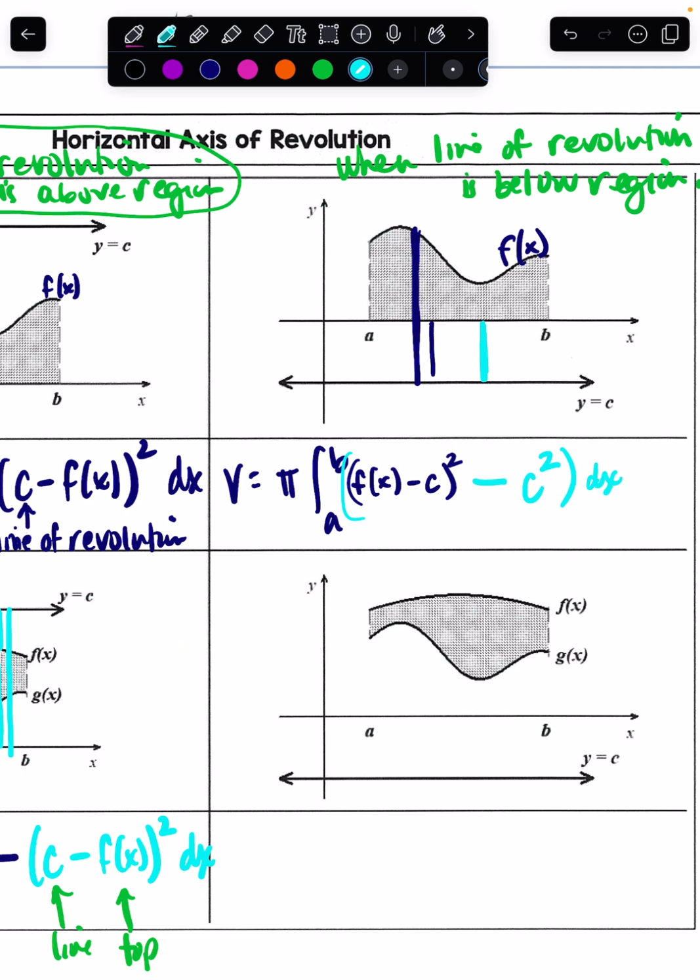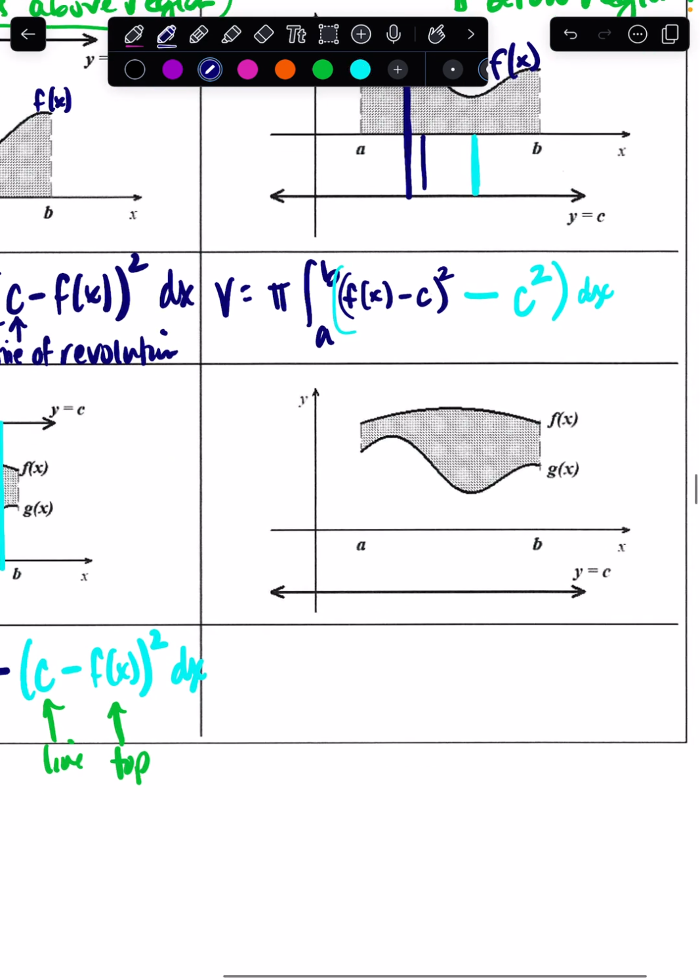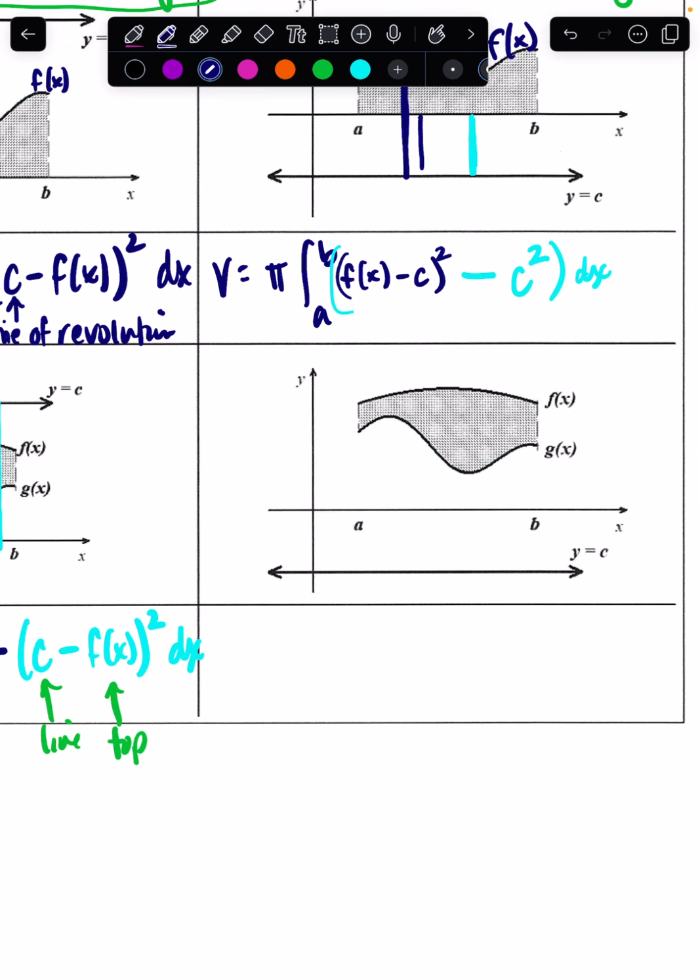And then finally this one that has two functions. You've got to take the top one first. Again, pi from a to b. F of x is this distance right here minus the line.